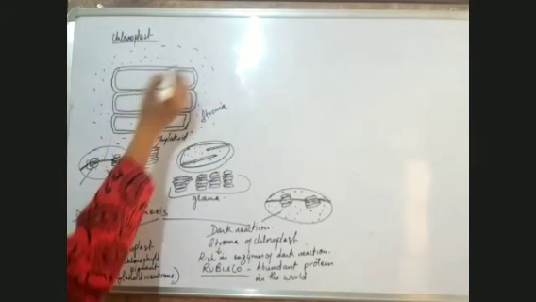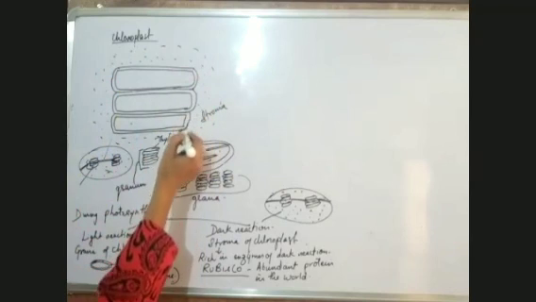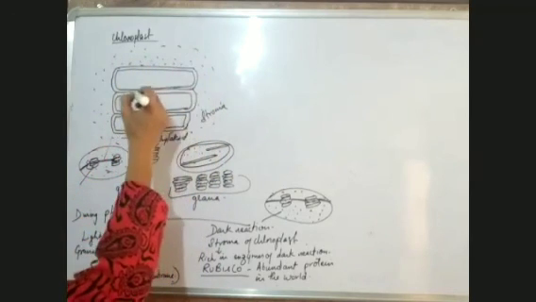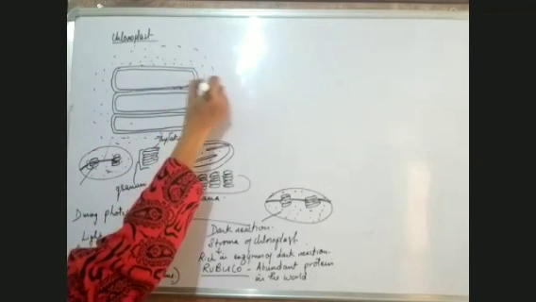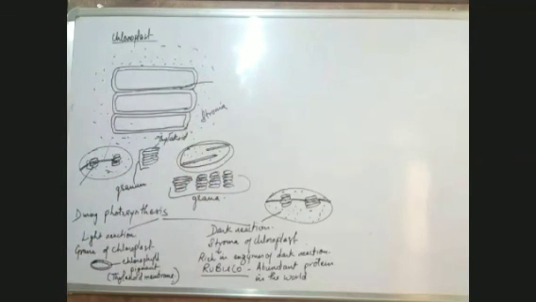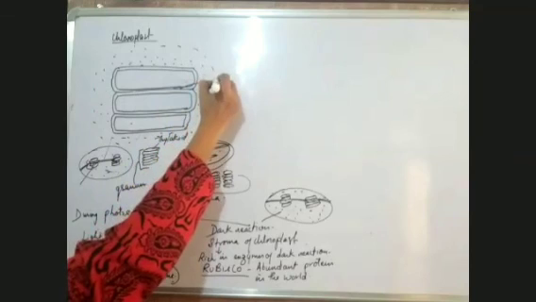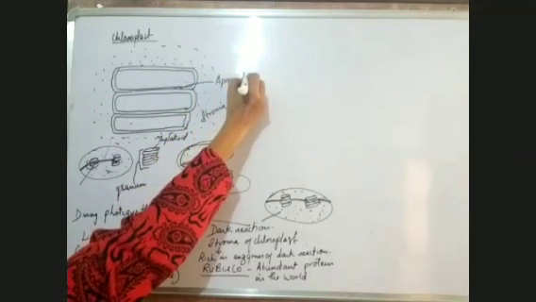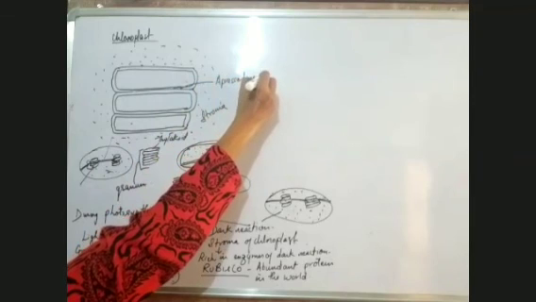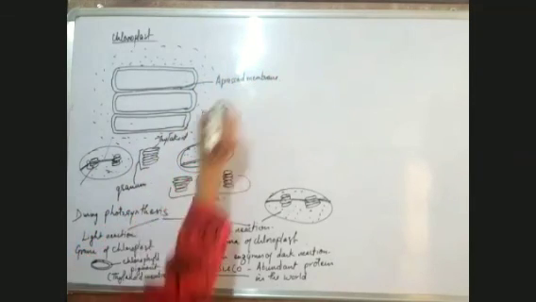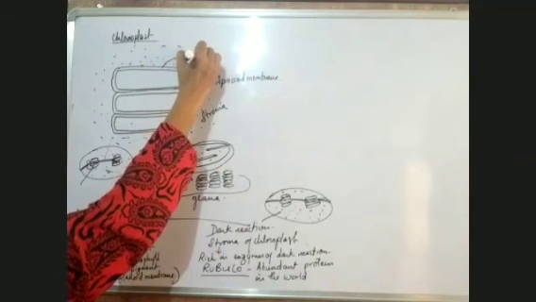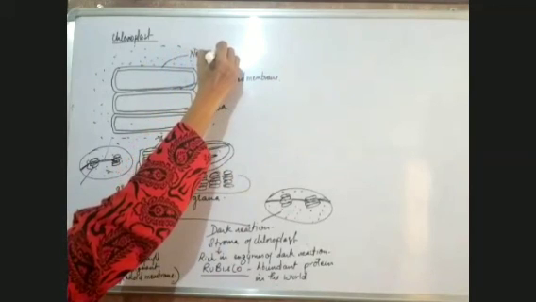The ones which are not touching the stroma are known as appressed membranes, and the ones which are touching the stroma are known as non-appressed membranes.